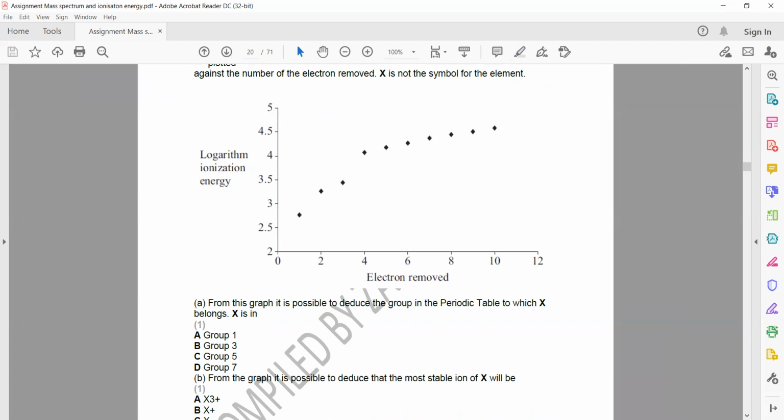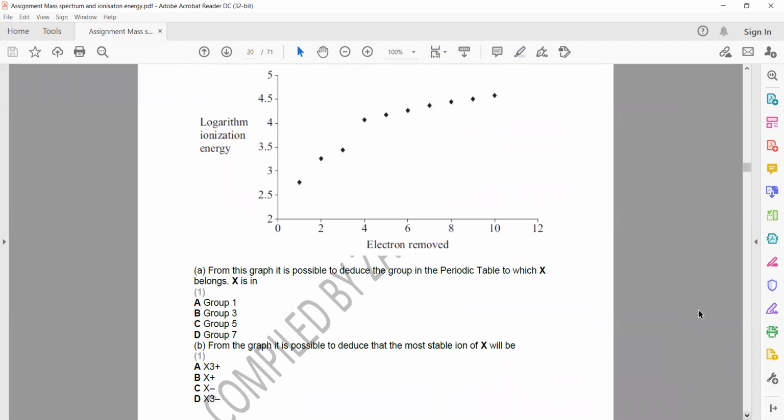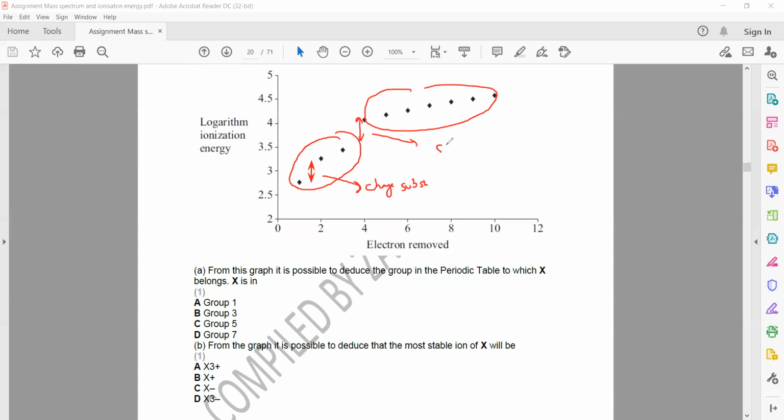As you can see, there is a difference between the first and the second, but then only two electrons are removed from this. So what it shows is that this change is due to a change in subshell. And then there's a big jump, and this change is due to a change in the shell.